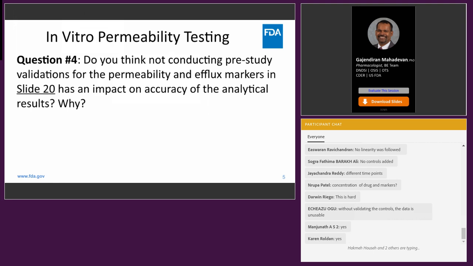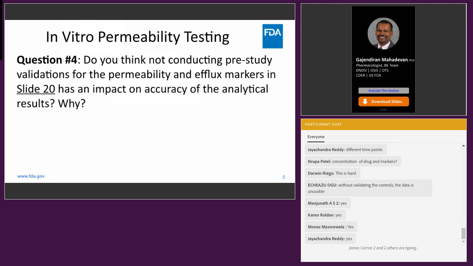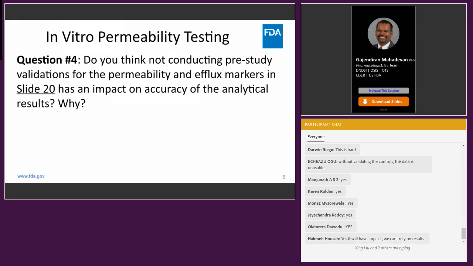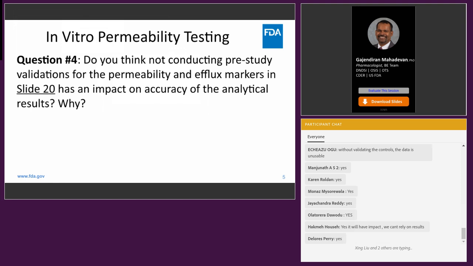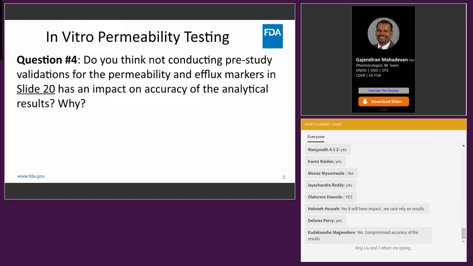Thank you so much, guys. I started seeing the comments on the chat box. Someone was saying that without validating the control, the data is unusable. Exactly. The method was not validated for the 3 analytes, right? So the low and high permeability markers as well as the efflux marker.